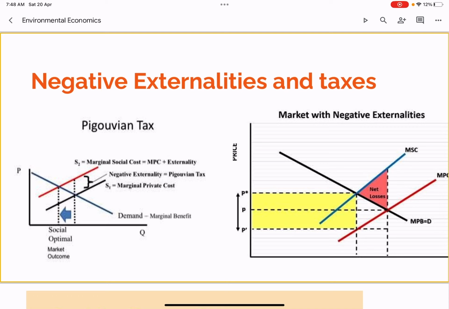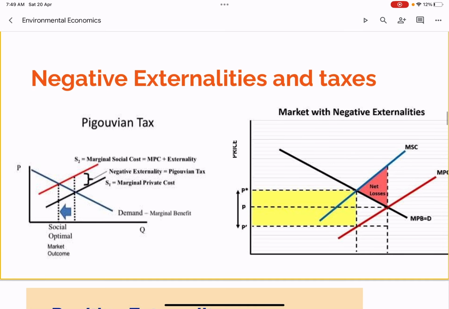So you see that the shift of the curve from the marginal private cost to the marginal social cost can happen by taxing the producer or the consumer. In this case, there is a taxing of the producer, and the supply curve shifts from S1 to S2. Both the curves are basically the same.